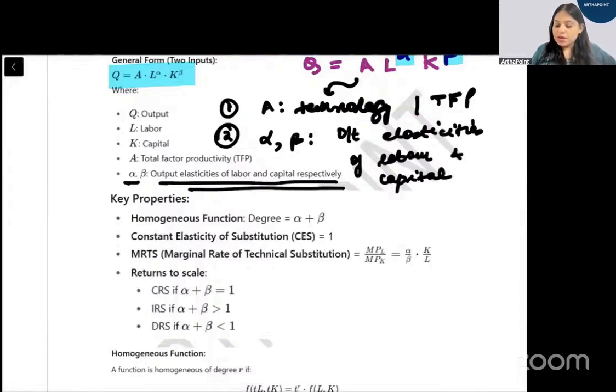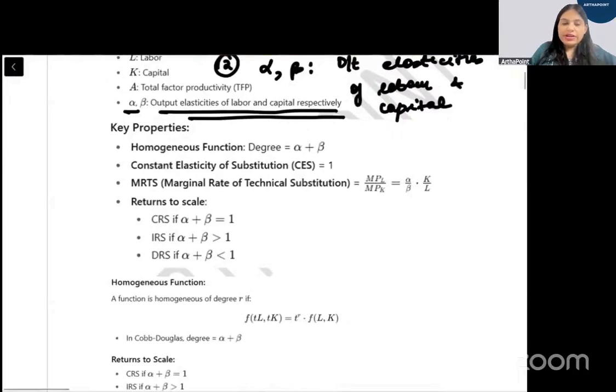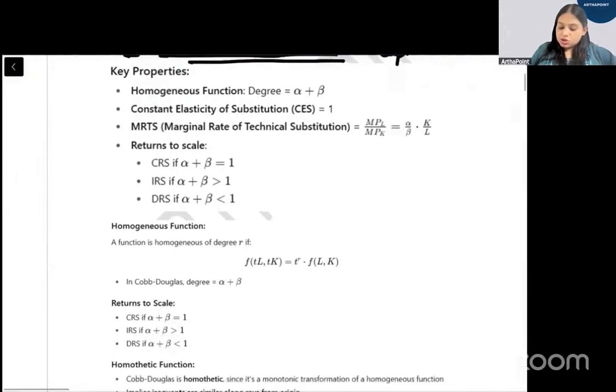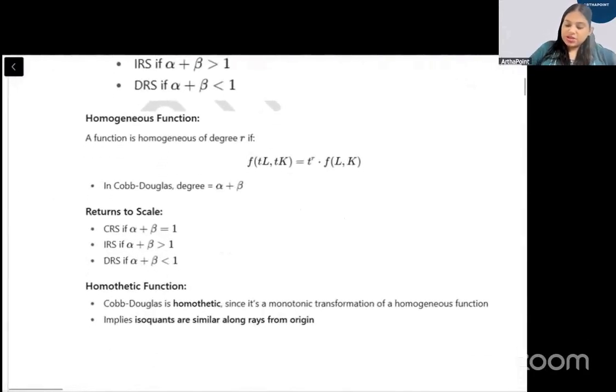Okay. Now, let's talk about homogeneous production function. What is a homogeneous production function? So a homogeneous production function is any production function which satisfies this property. So what is this saying? Look carefully.